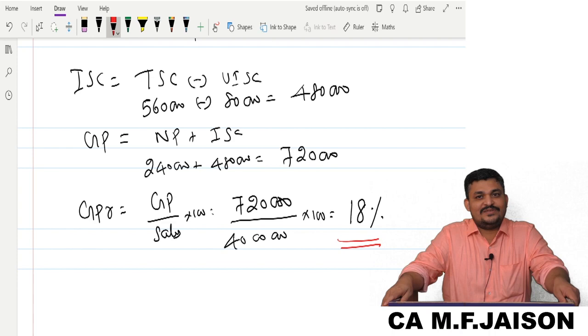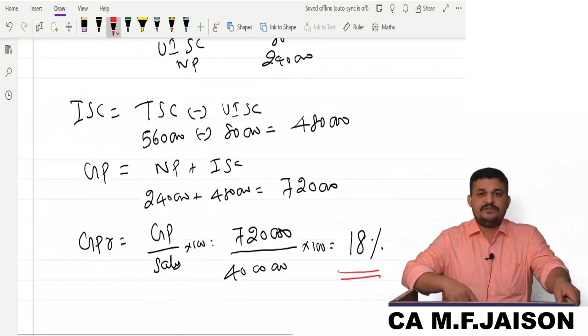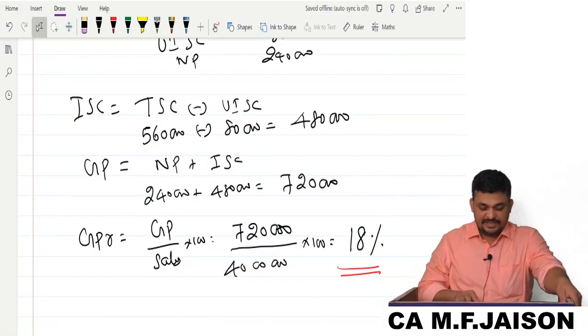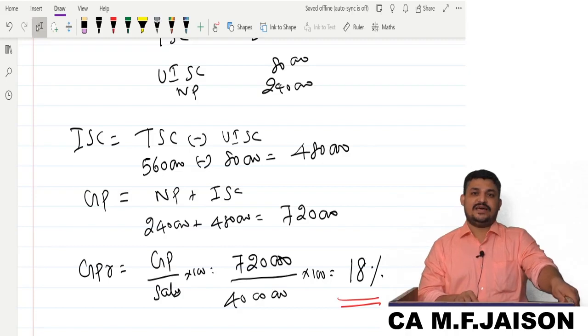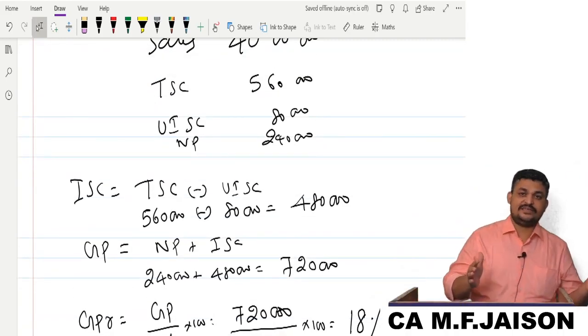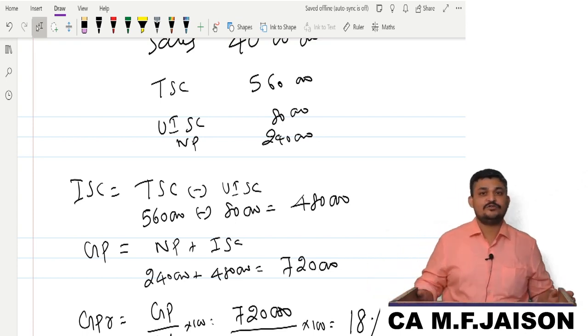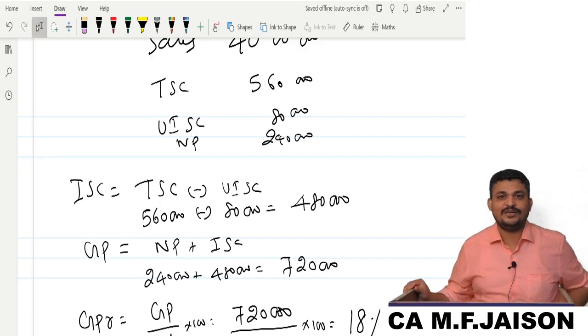I hope you understood this. So this is how you calculate the gross profit ratio, which is gross profit by sales into 100. Gross profit is equal to net profit plus insured standing charges, and insured standing charges is total standing charges minus uninsured standing charges as per this question. I hope you all understood.